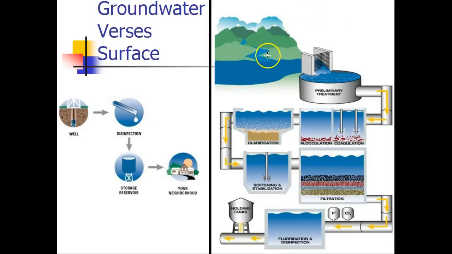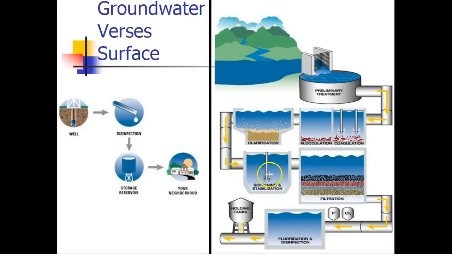But the way it normally works is we get it out of a creek or a river, whatever. We do some preliminary treatment on it, and we do our coagulation and flocculation. Again, this is where we're adding some chemicals in. We're mixing it, and then it's allowed to basically group together and float down to the bottom in a clarification basin. Again, the balance of it floats out to the bottom, and the clean water is siphoned up on the top.